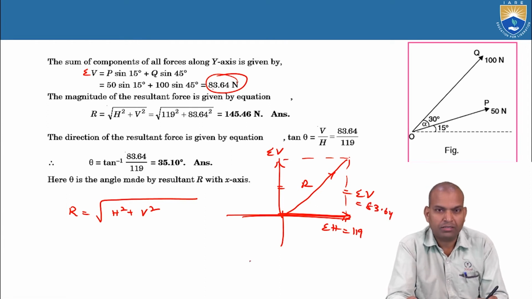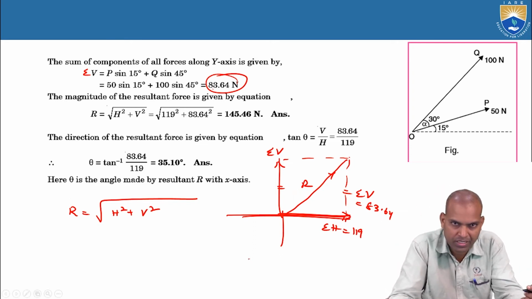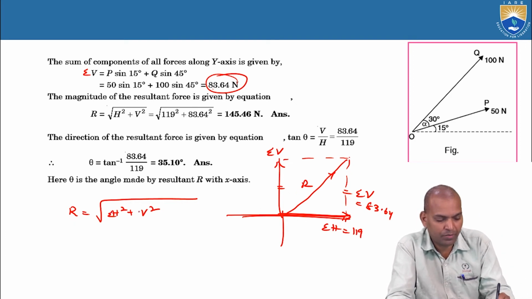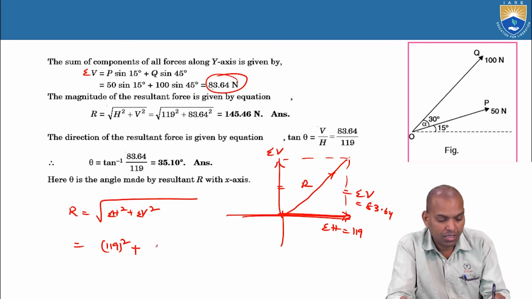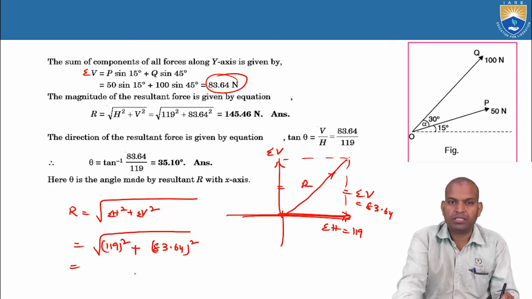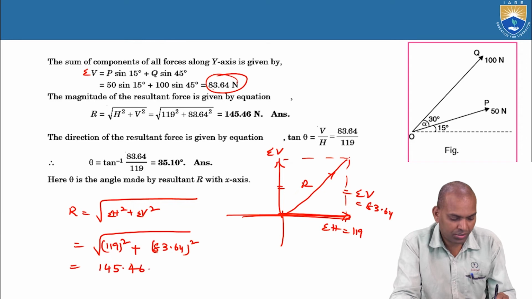For the diagonal, the hypotenuse squared equals opposite side squared plus adjacent side squared. So R equals the square root of sigma H squared plus sigma V squared, that is 119 squared plus 83.64 squared. The resultant force is calculated as 145.46 newtons.